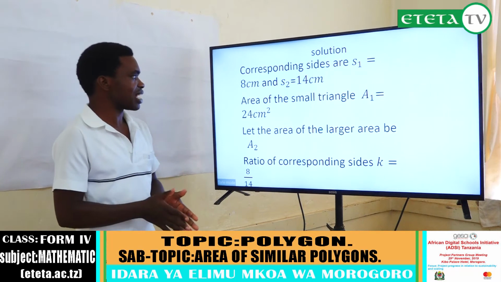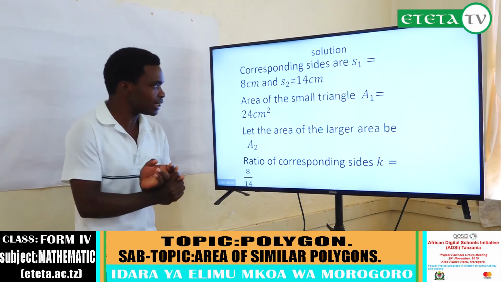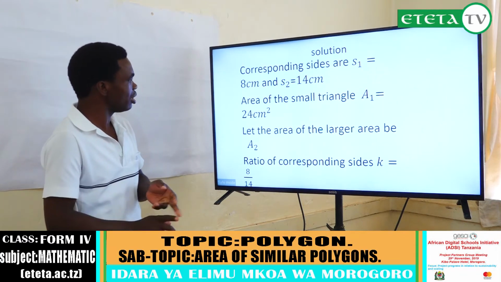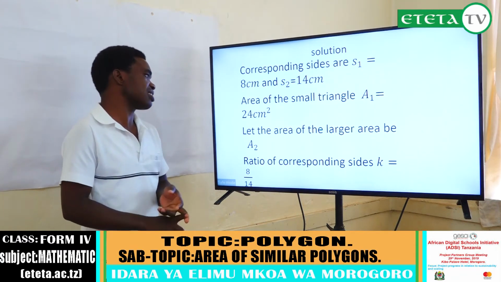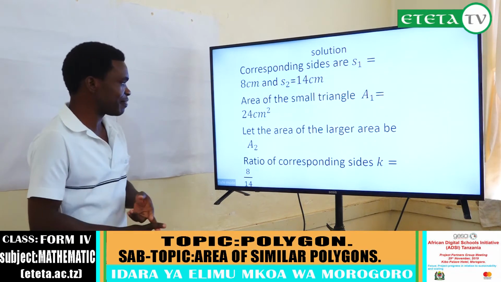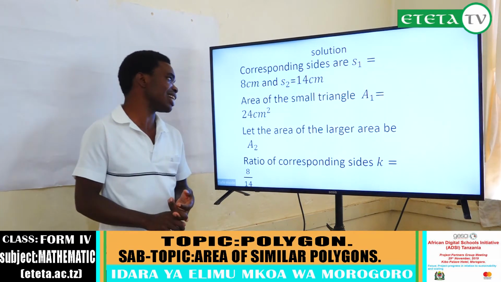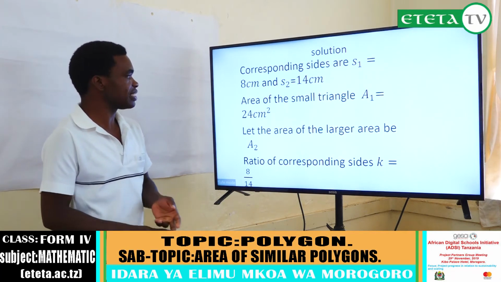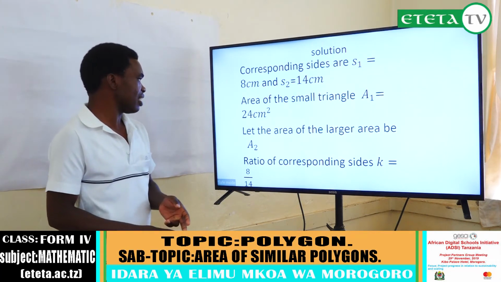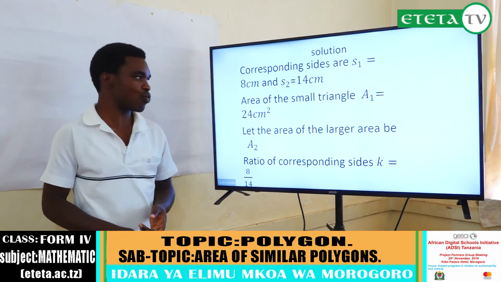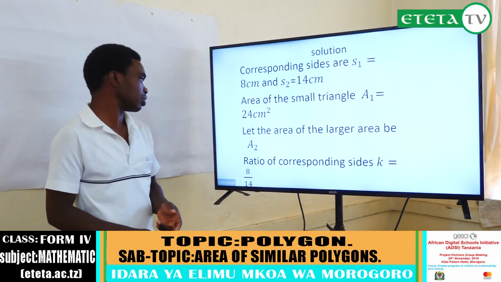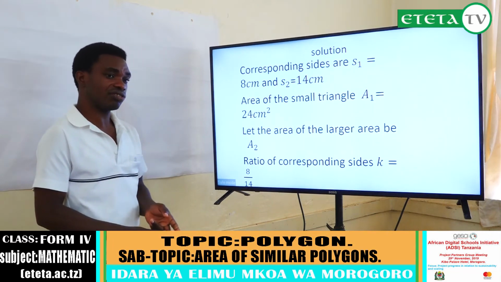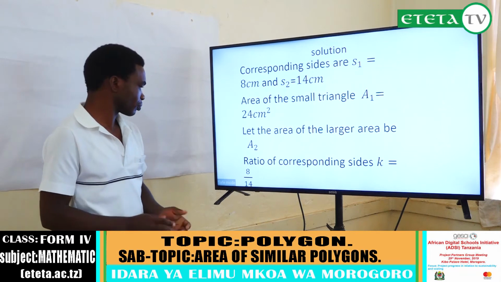The corresponding sides are, let's call S1, which stands for the side of the first triangle, which is 8 cm. And S2 stands for the side of the second triangle, which is the bigger triangle, which is 14 cm. Now the area of the smaller triangle, let's call it A1, and the area of the larger triangle, let's call it A2.